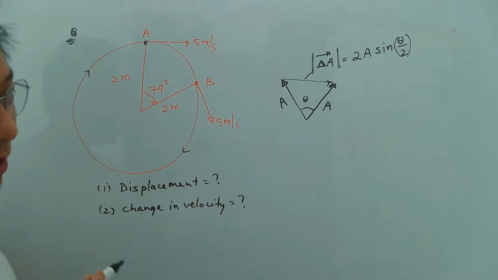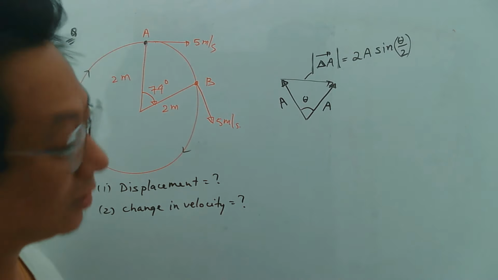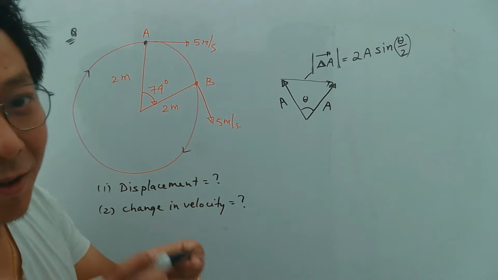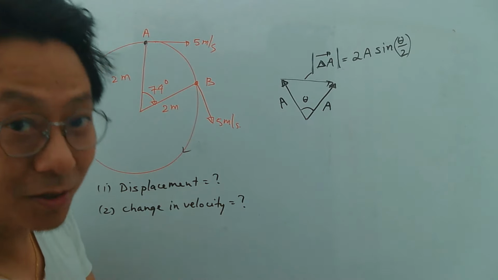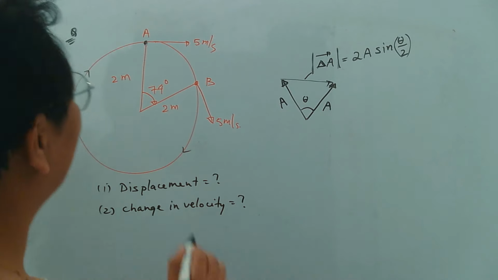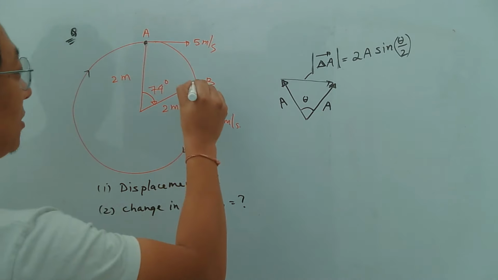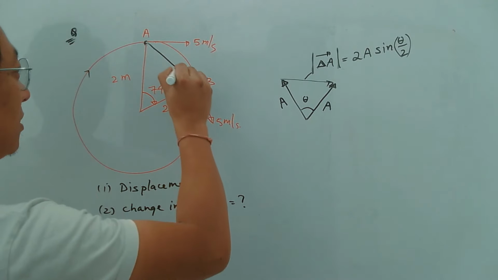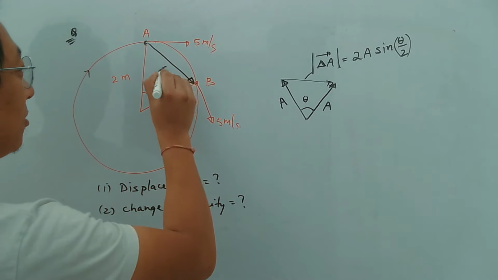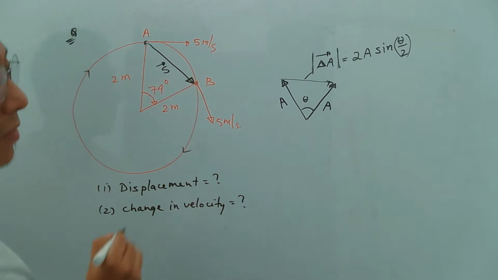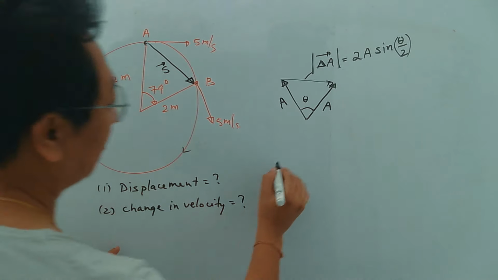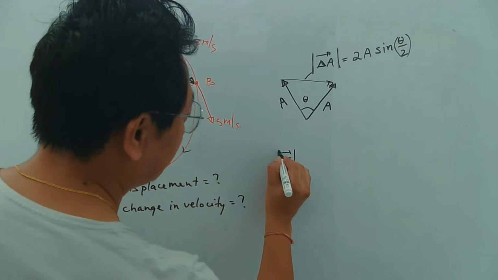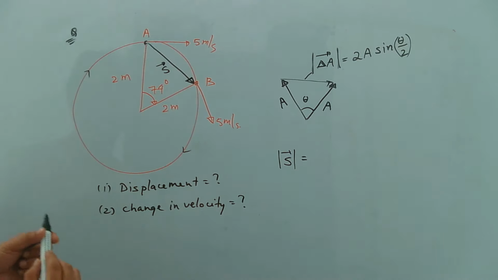Now if you think carefully, what is the meaning of displacement? Displacement simply means a vector from initial position to final position. So here was the initial position, here is the final position, so this is displacement. Let us call this vector S bar. So they want the displacement vector magnitude. Now think carefully.